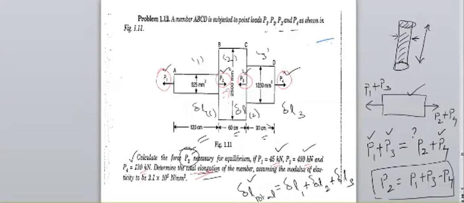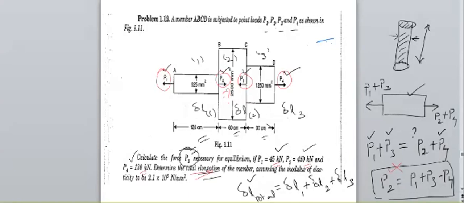Therefore, the unknown value P2 is determined by this equation: P2 is equal to P1 plus P3 minus P4. So this is how we find the unknown value P2.